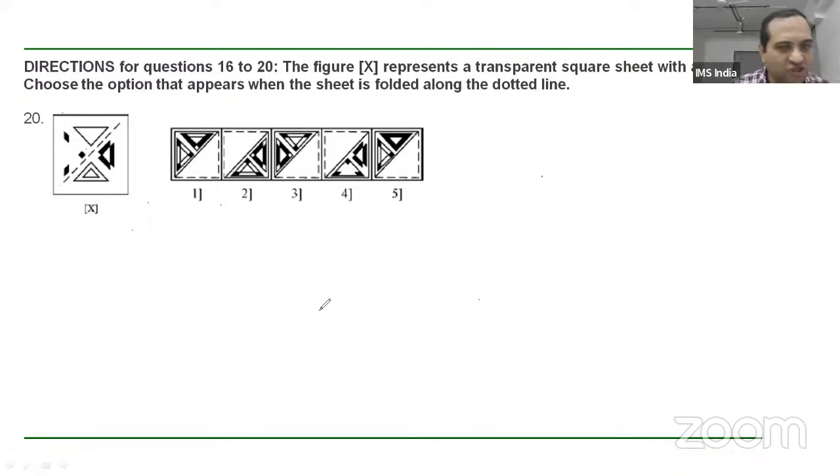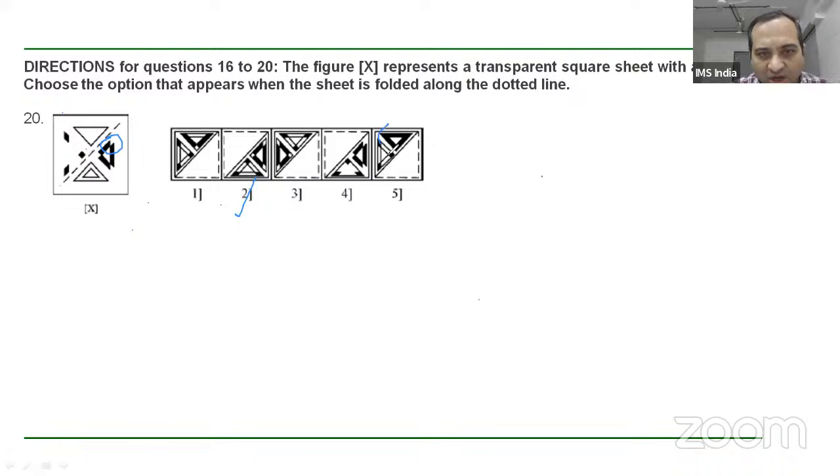So the answer to this question is 2. Vaishnavi, 5 cannot be the answer because if you check, when the paper is folded upwards, there is a break in shading.